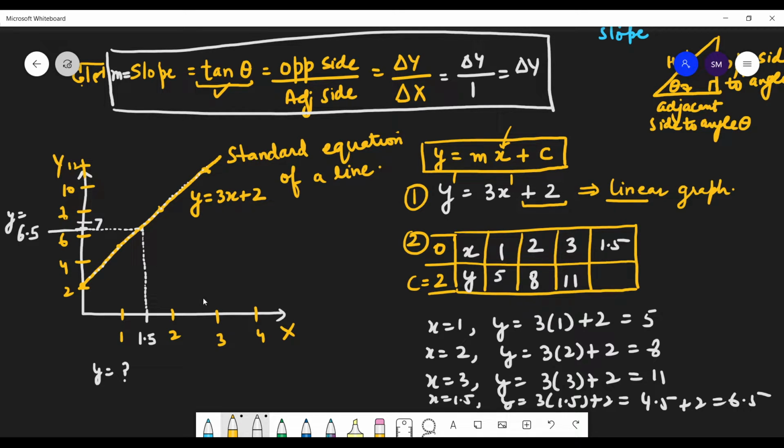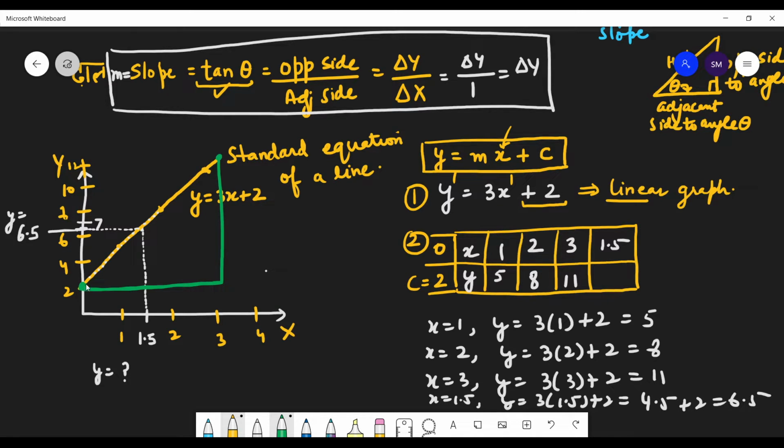Now, suppose I have taken any particular portion of the graph. Suppose I have taken this part of the graph, from here to here.